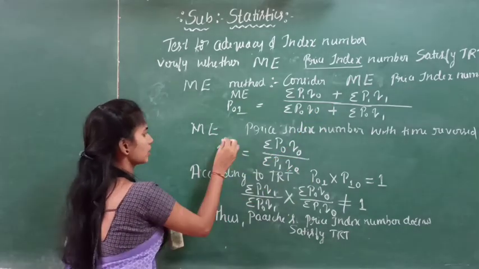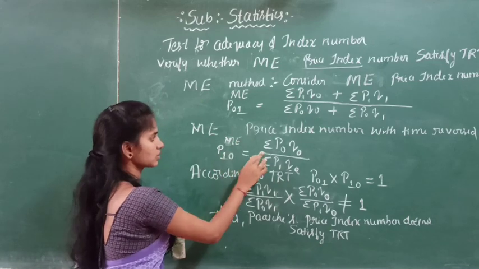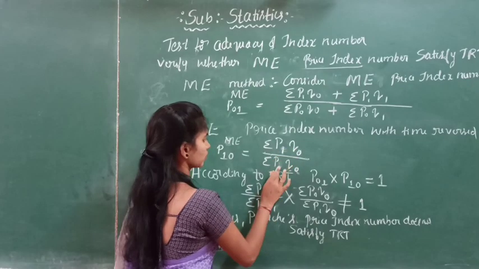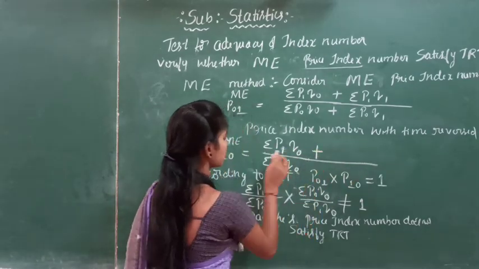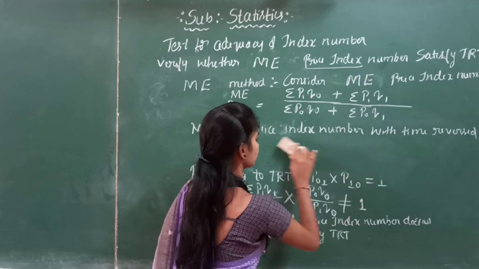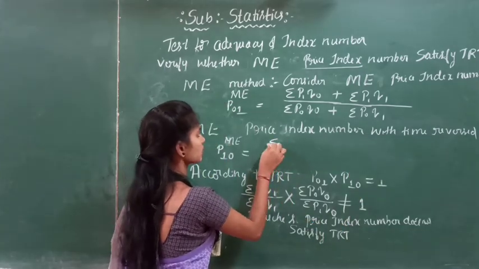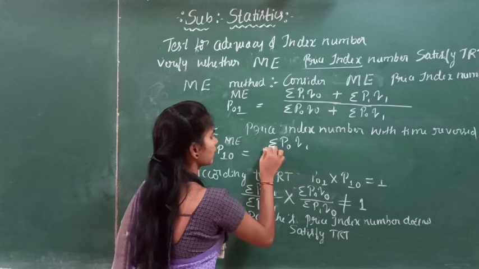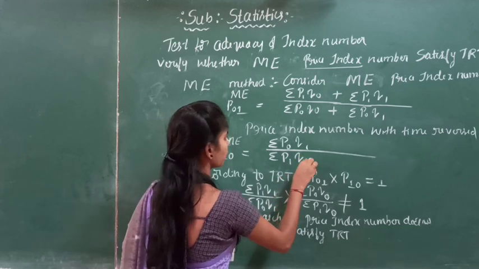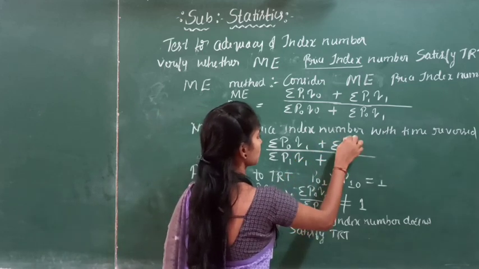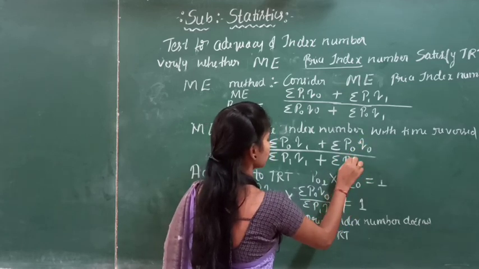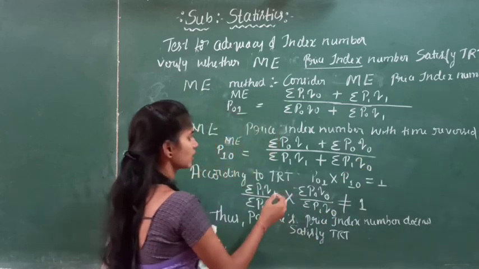The reversed formula is summation P0 Q1 plus summation P0 Q0 in the numerator, divided by summation P1 Q1 plus summation P1 Q0 in the denominator.